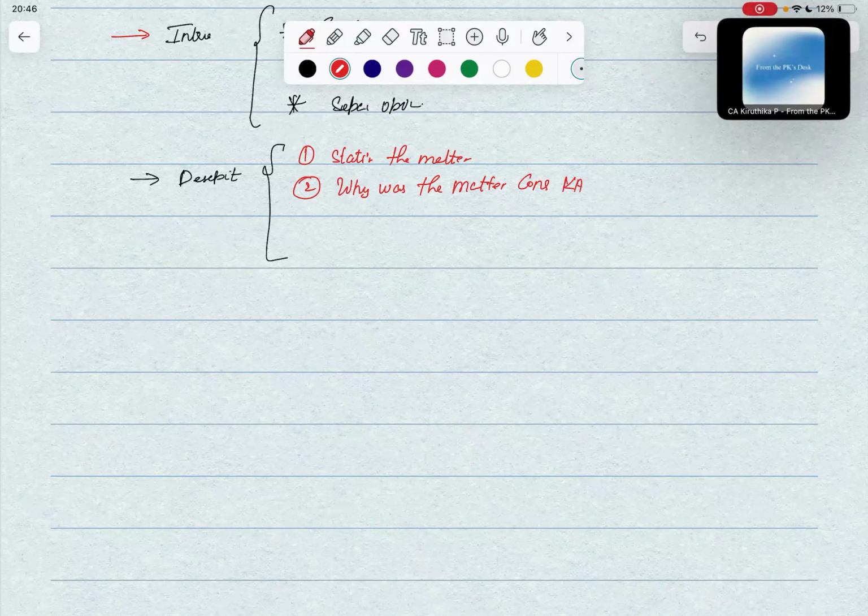Good. And third, we are saying how the matters are addressed in the audit. That is our audit procedures. And lastly, we are also including references to disclosures, if any.